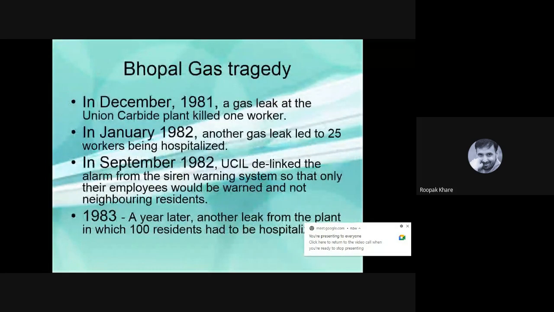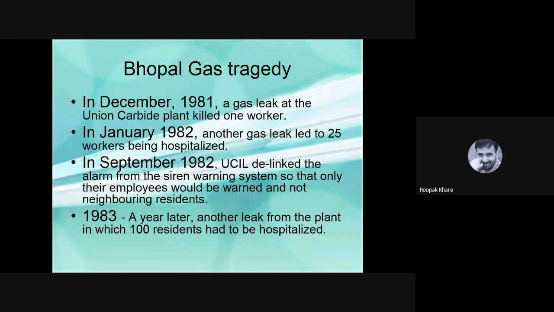If you type Bhopal on Google, the first thing that comes up is the Bhopal gas tragedy. Bhopal is known for this tragedy. In December 1984, there was this factory here in Bhopal called Union Carbide that used to make pesticides.